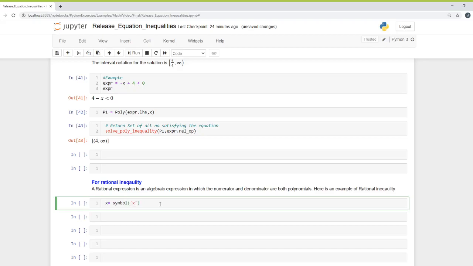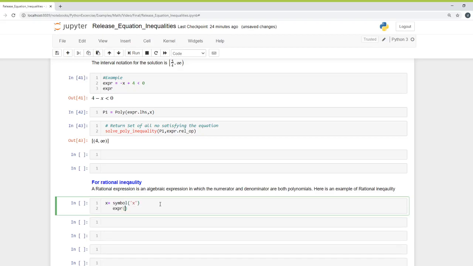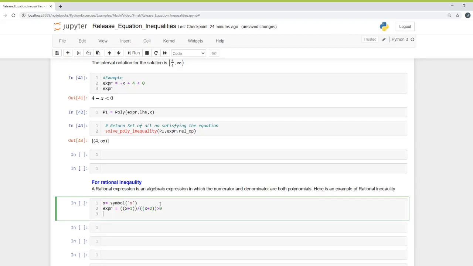Our expression is equal to (x + 1) divided by (x + 2) greater than 0.